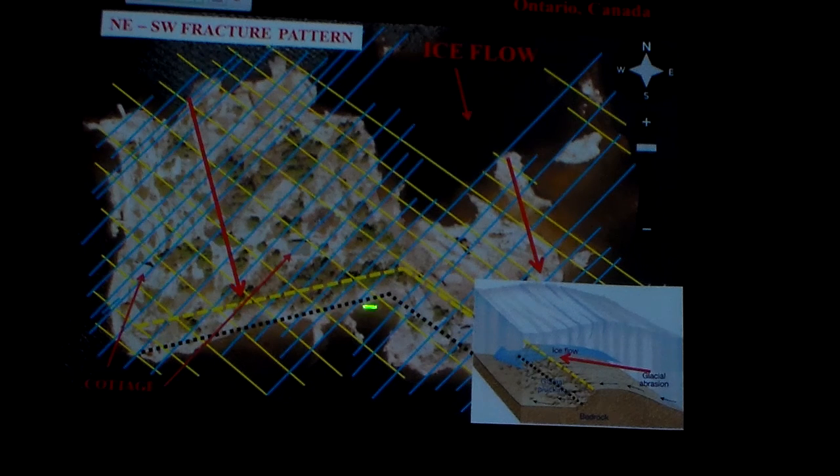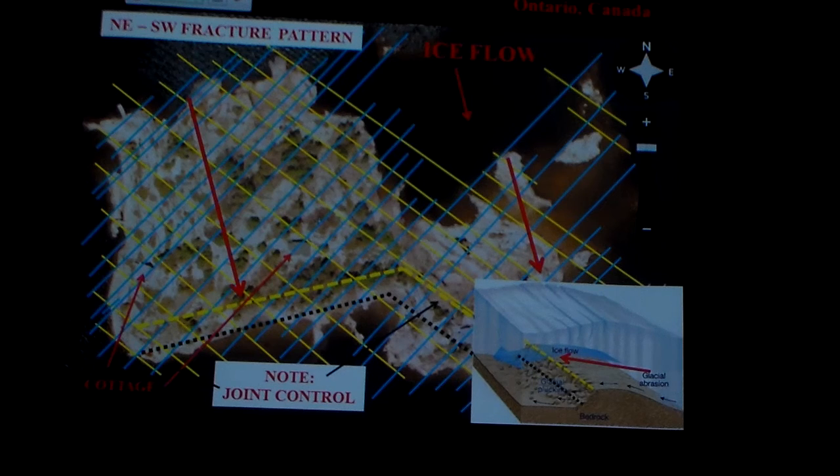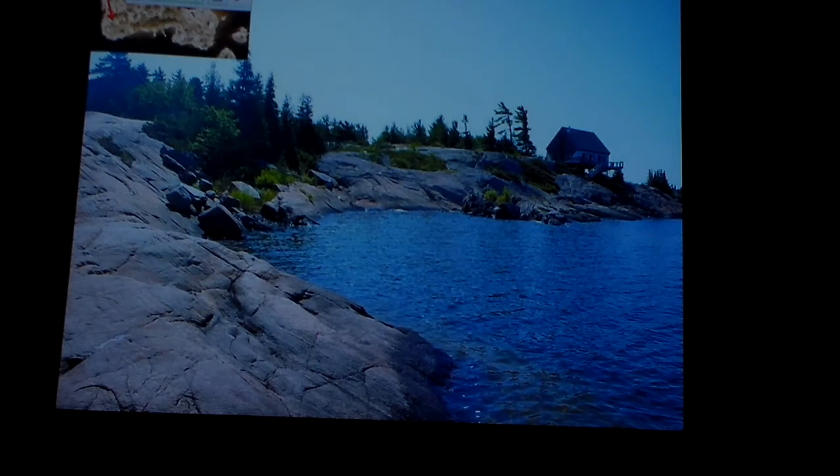Back here, you get the rubble. And all of this leading up to that is polished slope moving toward the high point. Notice how the joint control is getting plucked out on the back side. In fact, it is just spectacular.